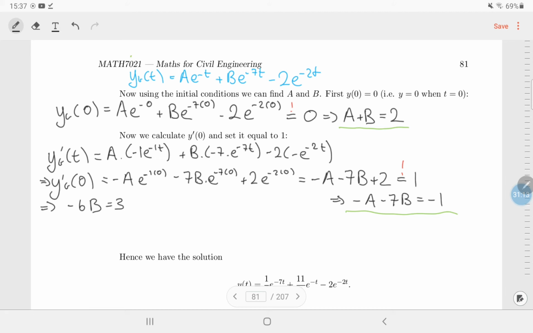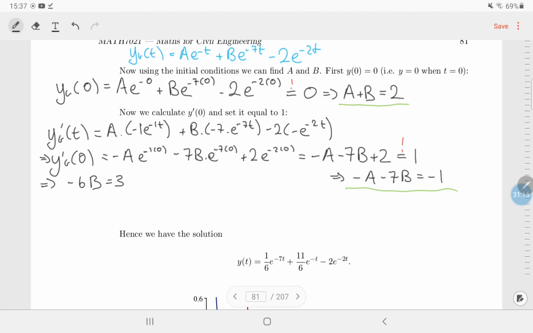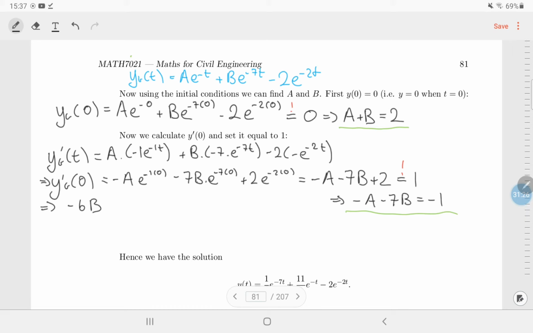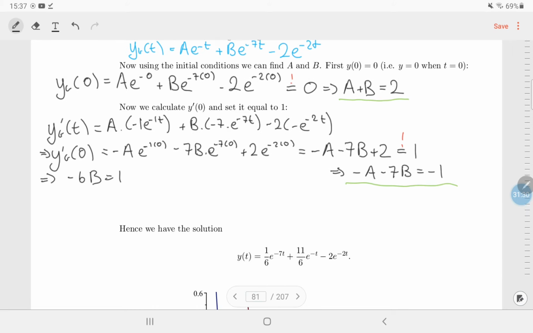Oh no, I'm adding them together. Sorry, now I'm being a total dumbass. If I take 2 away from both sides, I found a mistake.